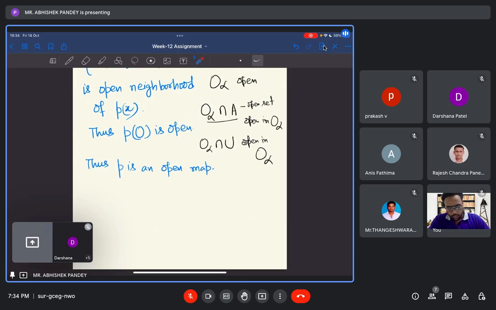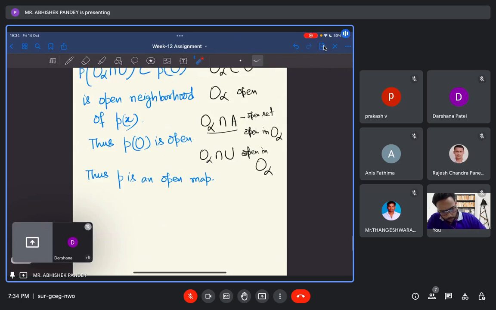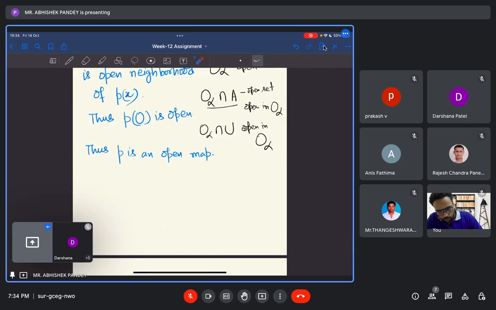Now the next thing is this property you can observe. Let me write it down. Every covering map is locally a homeomorphism.